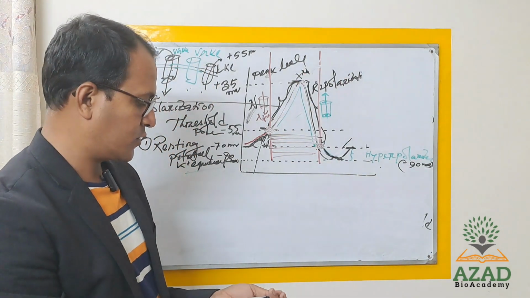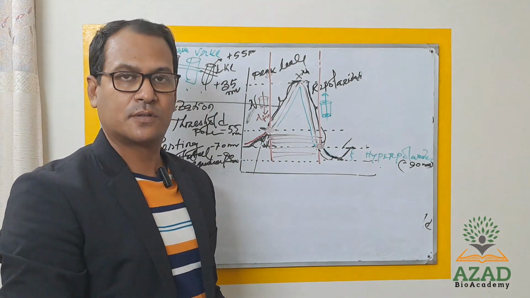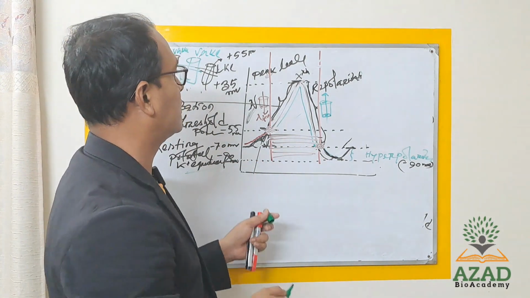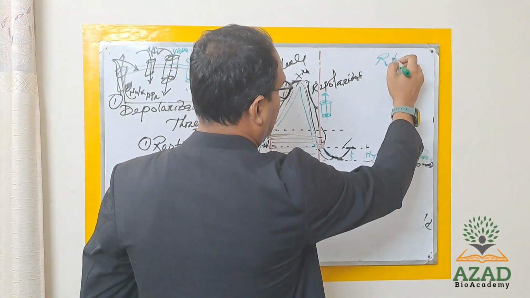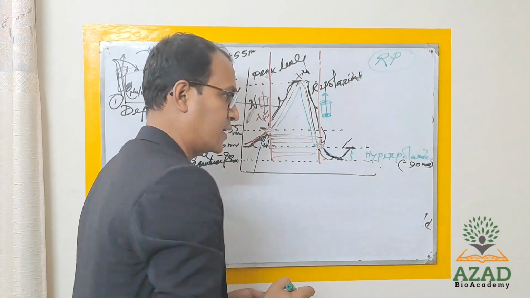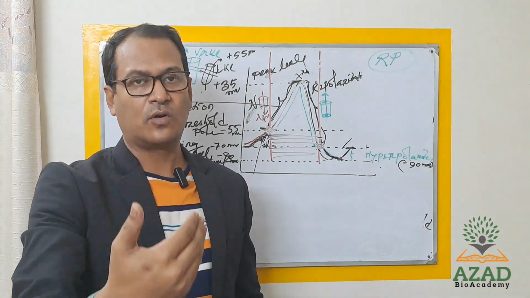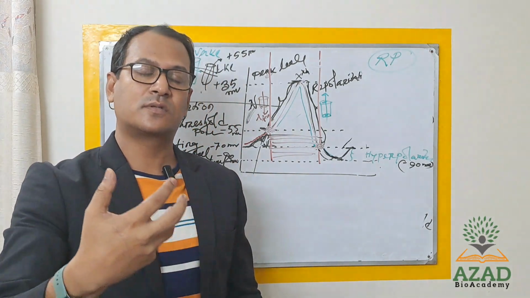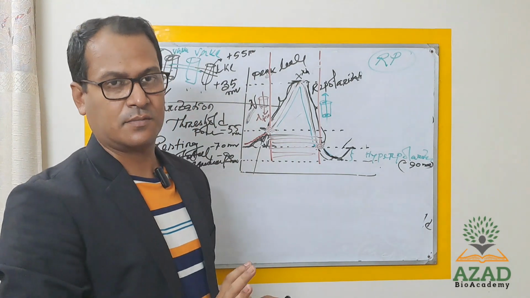So this period is the absolute refractory period. Refractory period means that in that period the nerve generally will not give any response after taking a stimulus.